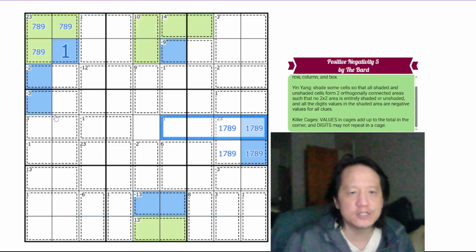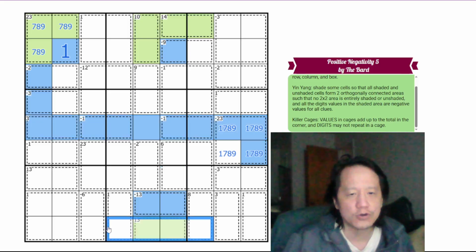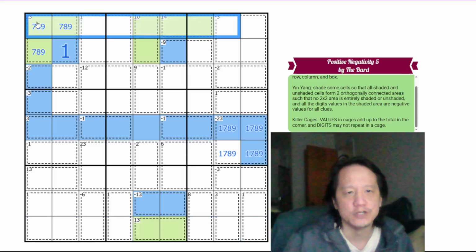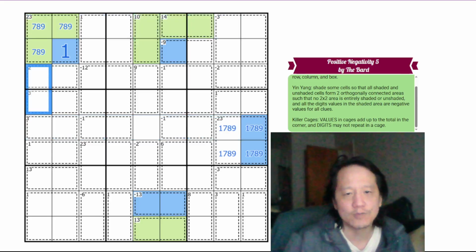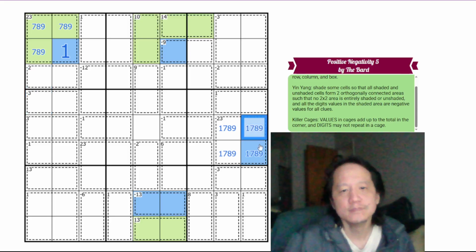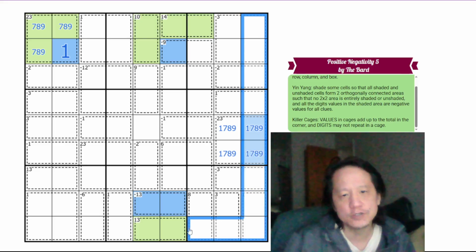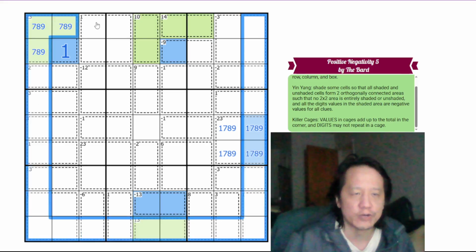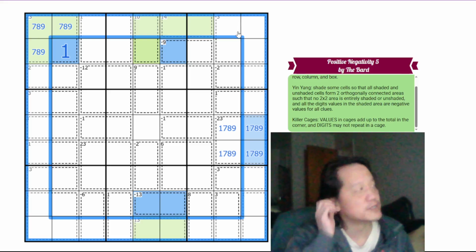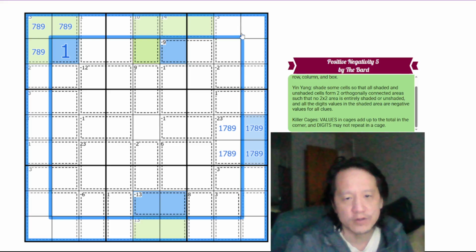But try to orthogonally connect the blue region, and you're going to break apart the green region into not just one orthogonally connected region. That's the reason why you can only swap shadings twice on the edge of the grid. I should have said that specifically, on the edge of the grid.